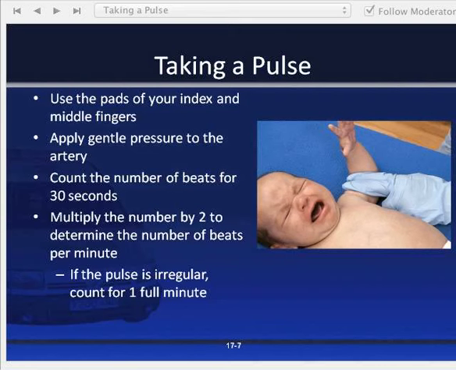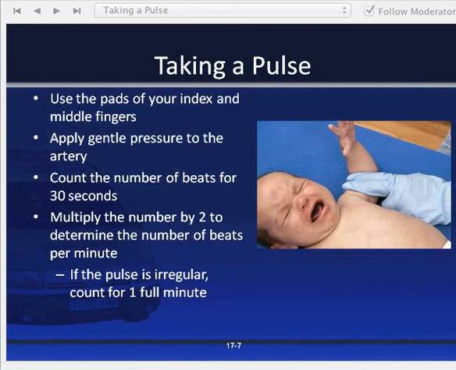To feel for a pulse, use the pads of your index and middle finger and apply gentle pressure to the artery. If you use too much pressure, you'll cut off blood flow through the artery and will not be able to feel a pulse. Count the number of beats for 30 seconds and multiply the number by 2 to determine the number of beats per minute.